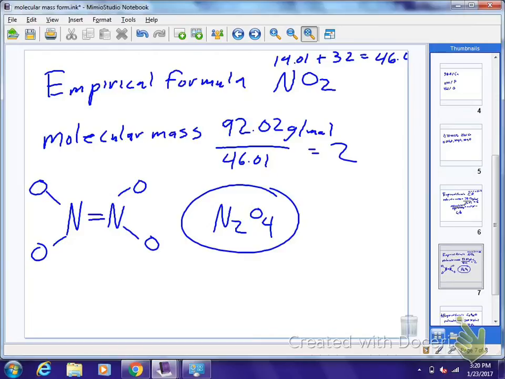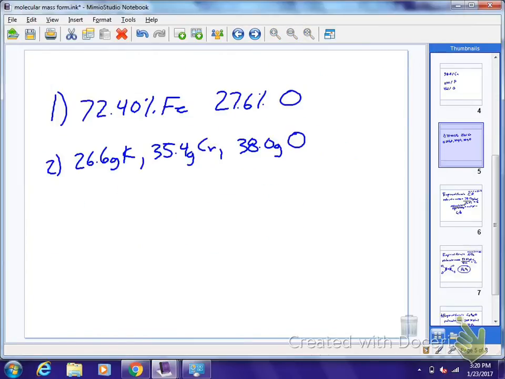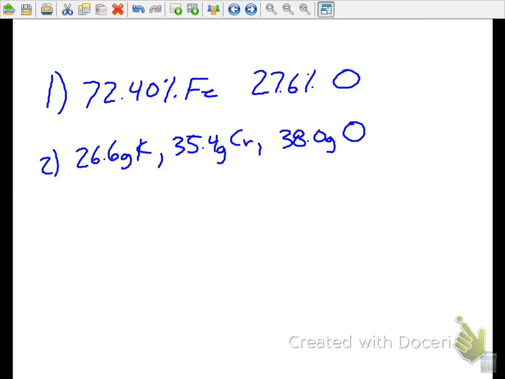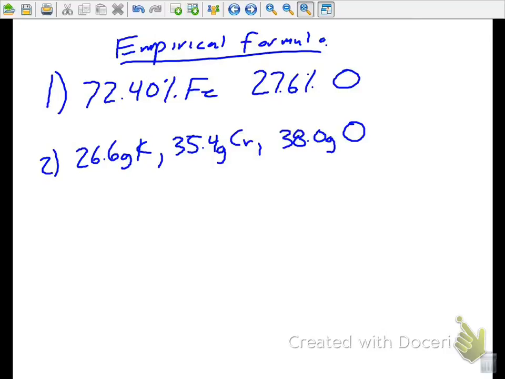All right, so here's the first part of your assignment: find the empirical formula for these. So this is the same as what you did for today, but you have to take it one more step.